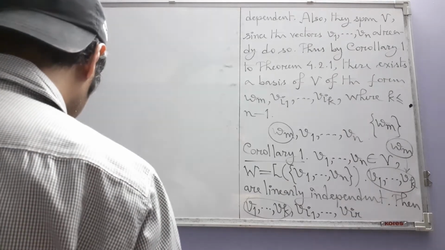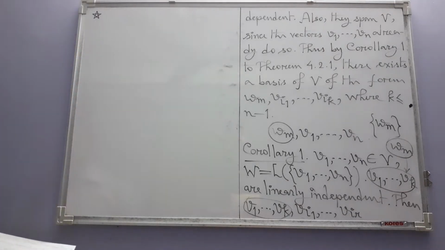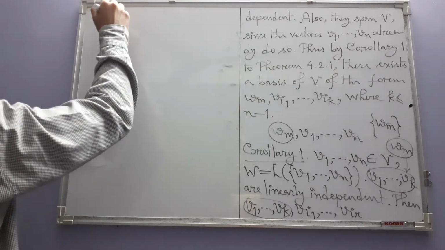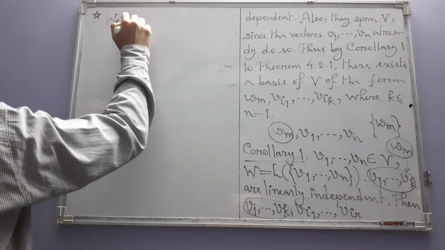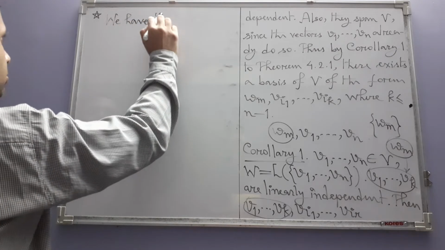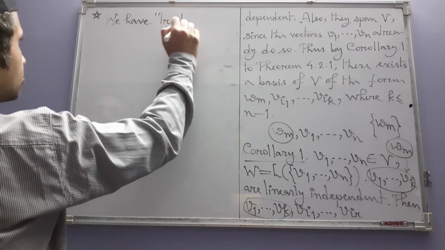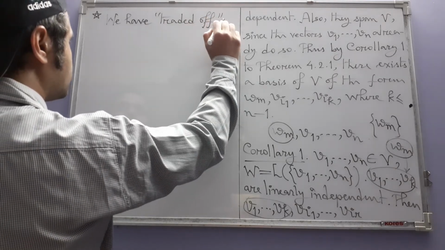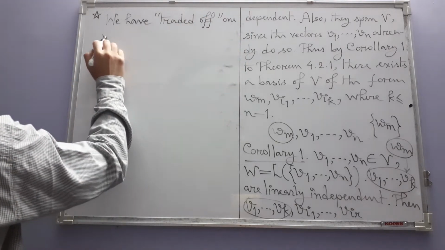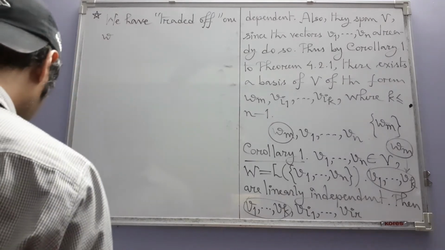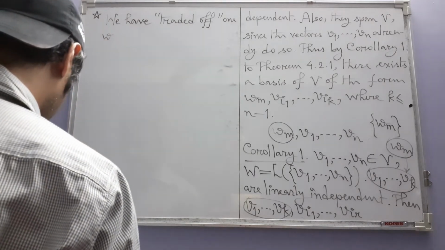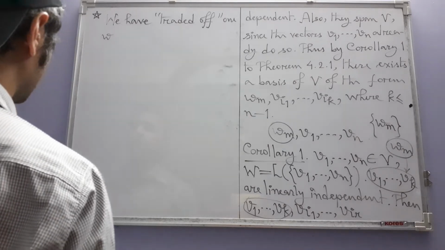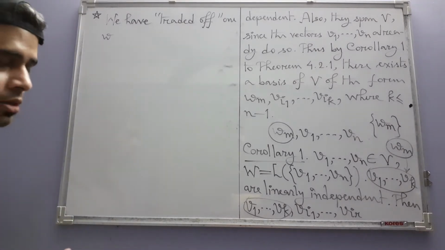But before that, here in Herstein's exact words, we have traded off one w in forming this new basis for at least one v, at the expense of at least one v.